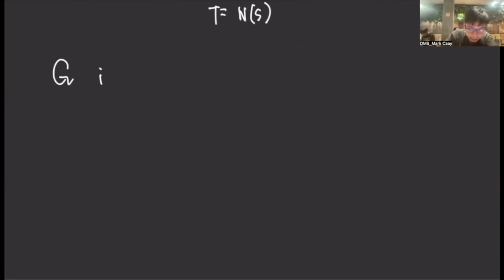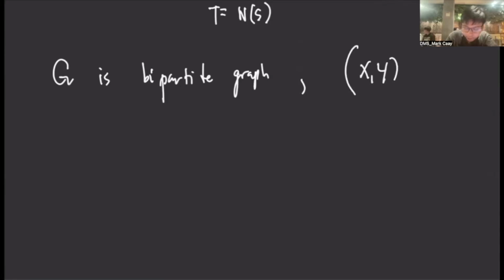So, G is a bipartite graph, and the bipartition is XY. You can formalize that yourselves. And we assume that M star is the maximum matching.